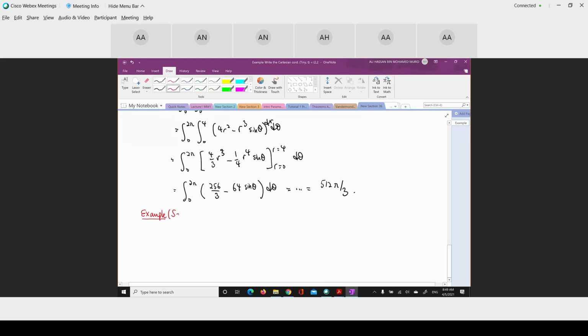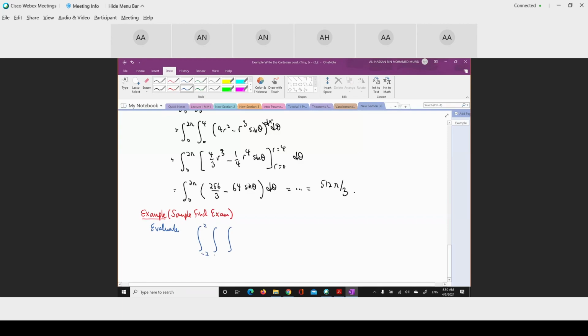This is a sample final exam question. Evaluate this triple integral here, with limits of x from -2 up to 2.